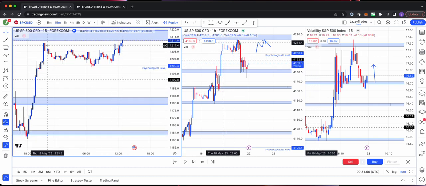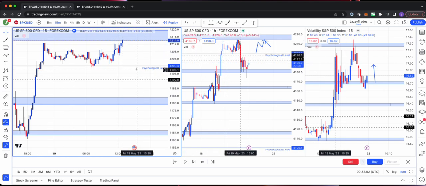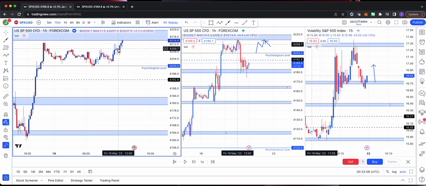It formed a higher high on the 15 minutes. I don't really look at 15 minute higher highs. Look at 1 hour and 4 hours. And this is during the day.